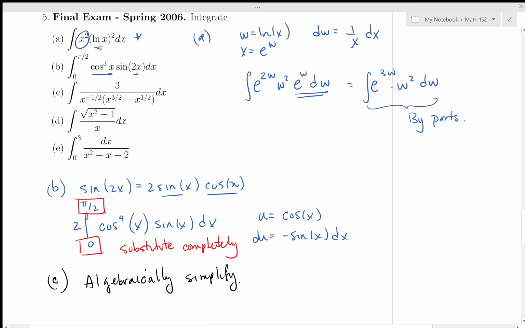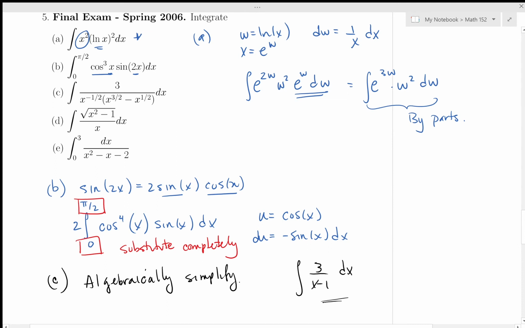It's written out in an annoying manner, so you can just multiply that x to the 1/2 in, and you're going to be able to simplify that to this thing here, 3 over x minus 1. So it's just a manipulation of the integrand. That's nice, and then that's easy to handle by inspection. You see that that's a log function.